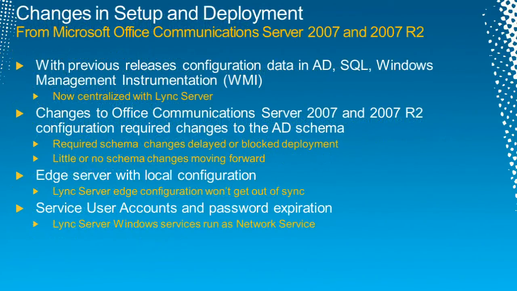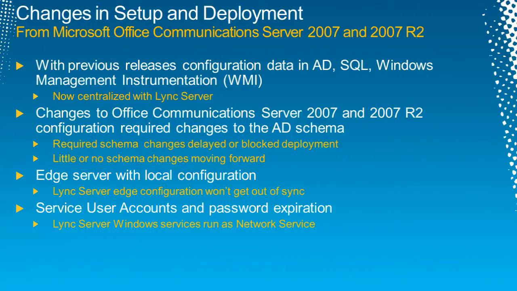Okay, changes in setup and deployment. This is kind of a comparison: what were the deployment blockers, the deployment issues we've seen, and what we have done to address those issues. With our previous release, which means Office Communications Server 2007 and 2007 R2, our data was spread in multiple stores.